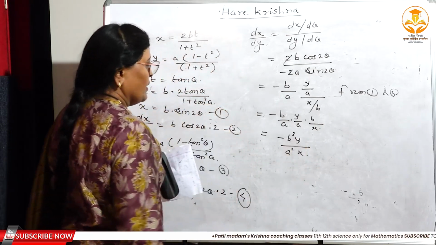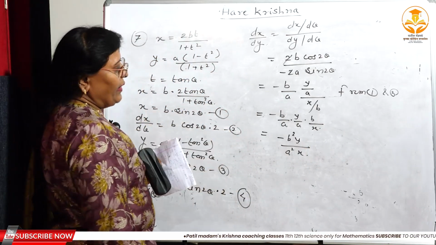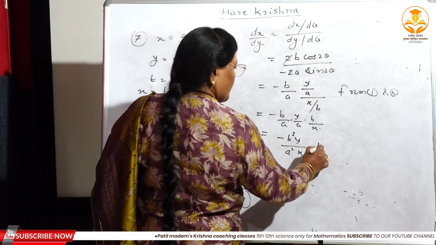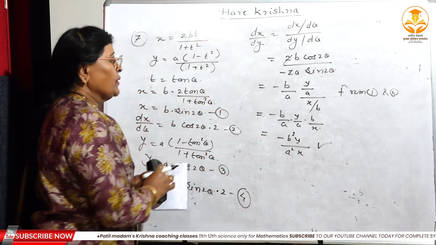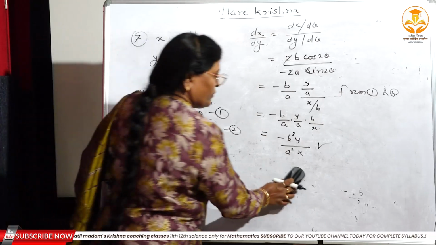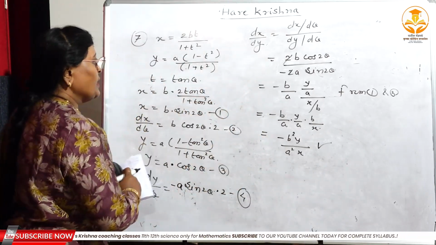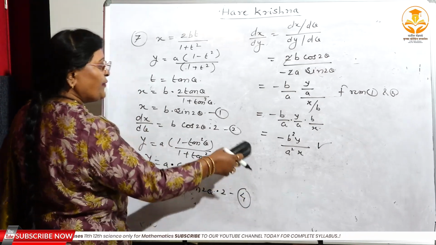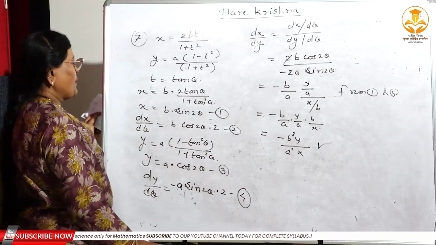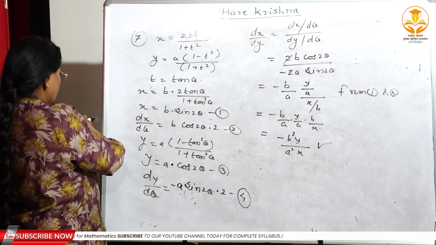So this is the result, minus b square y divided by a square x. This is the correct result, isn't it? I had given a slightly wrong answer. So this is the correct answer, that is minus b square y divided by a square x. Right? In the first method also you have got the same answer. So this is about the 7th one.